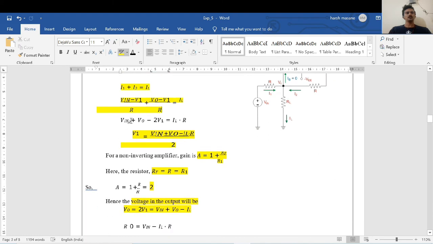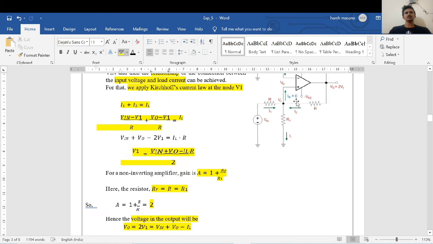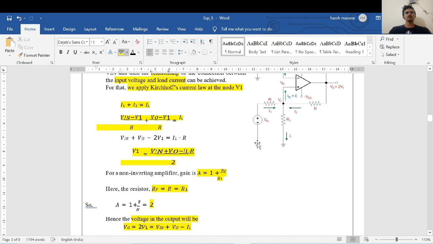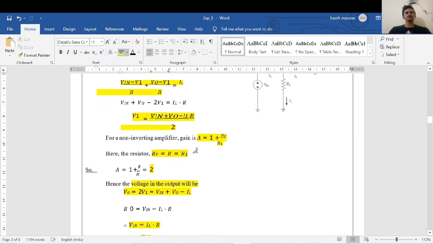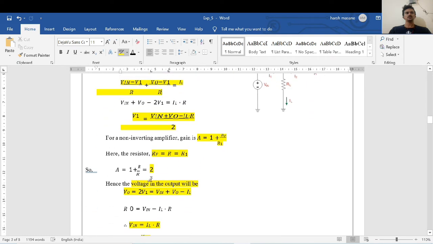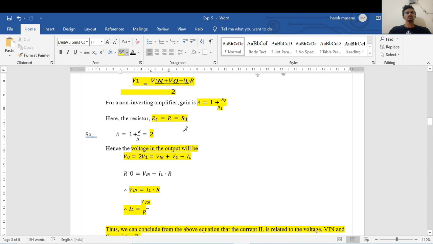After simplification, my V1 will be the non-inverting voltage plus VO minus IL into R by 2. As we all know, the gain of a non-inverting amplifier is A equal to 1 plus RF by R1. Here we'll take the same resistor values, so my RF is equal to R is equal to R1. If my resistor values are equal, my gain will become 2.